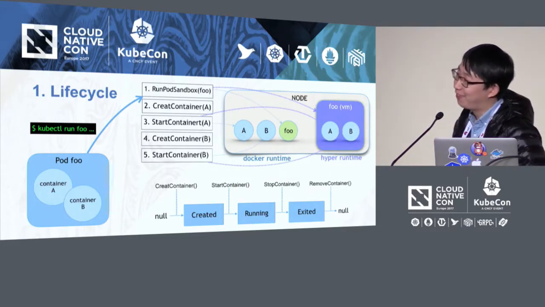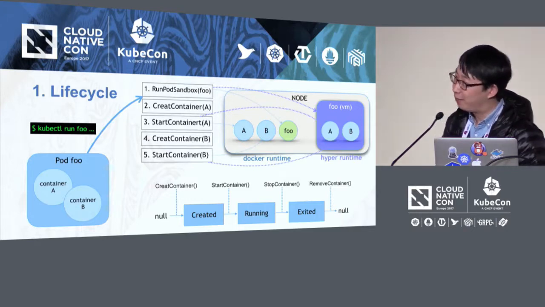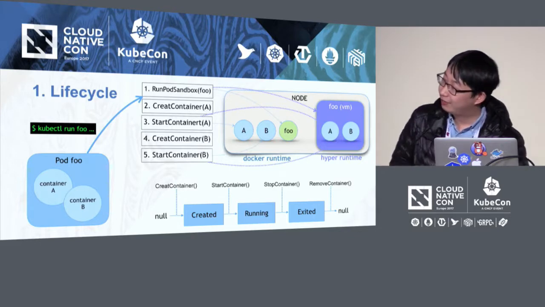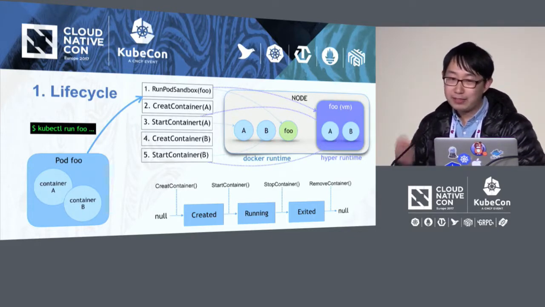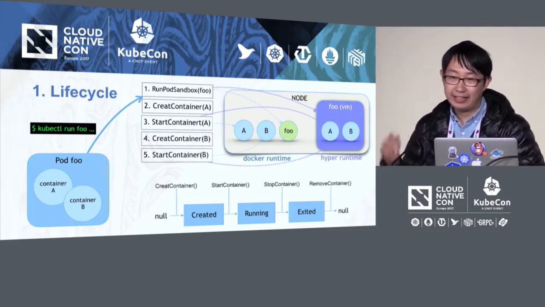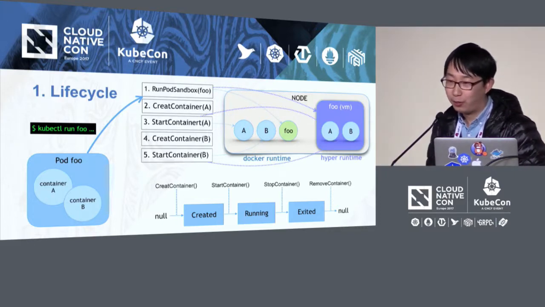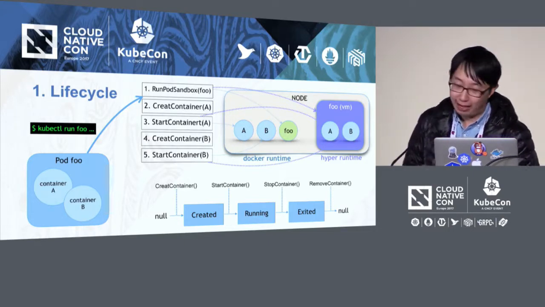The most important thing is lifecycle management. For example, if you are creating a pod named foo with 2 containers inside, the workflow is, first of all, run pod sandbox, and then create container A, start container A, and then create container B and start container B. However, in the Docker runtime it will be like this.